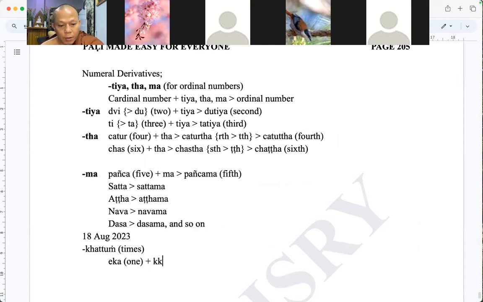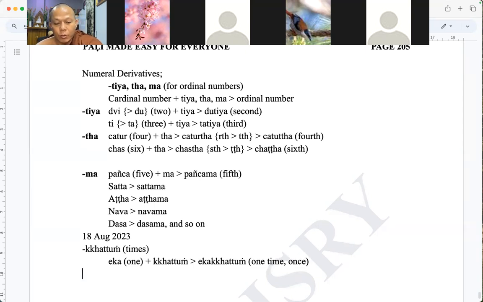After that, kkhattu, so double K actually. So you have eka kkhattu. That means 1 time or once.